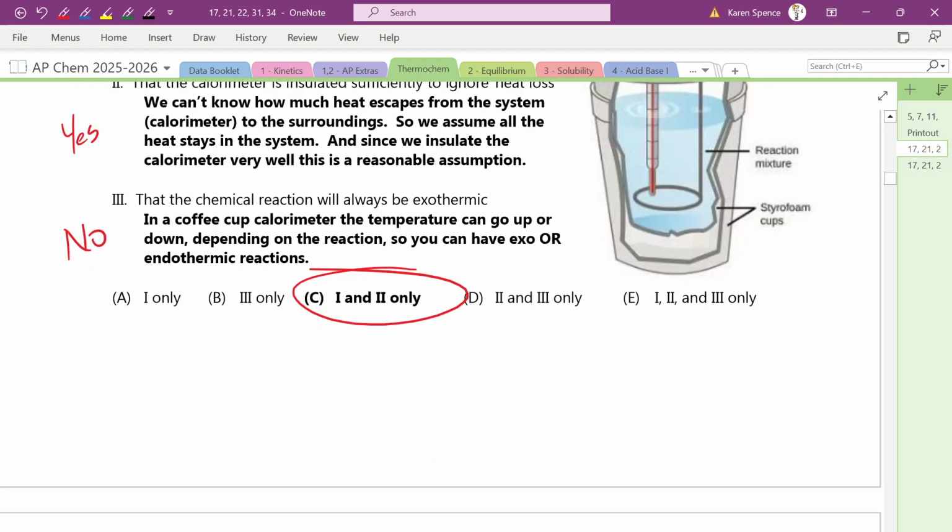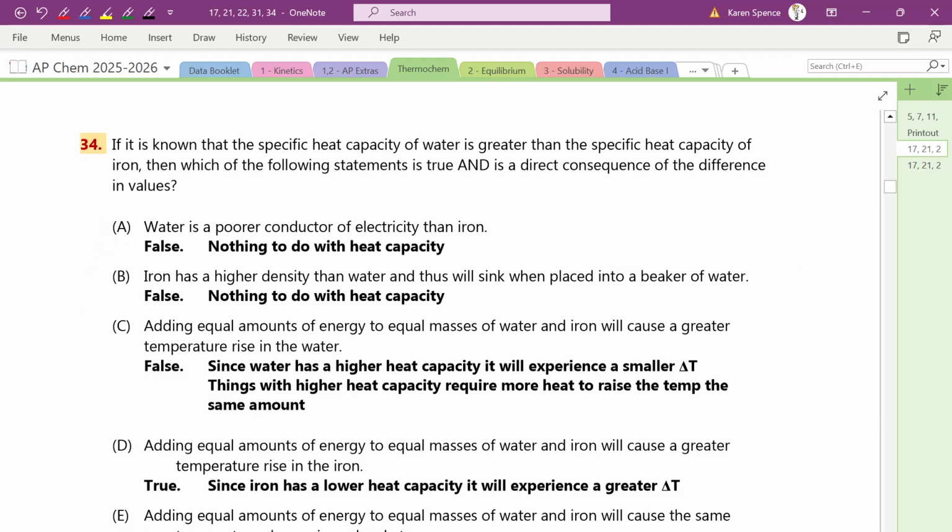Okay, cool. Last but not least, if it is known that the specific heat capacity of water and the specific heat capacity of iron, so we know water and we know iron, which of the following statements is true and is a direct consequence of the difference in values? Water is a poorer conductor of electricity than iron. Well, that's just stupid.